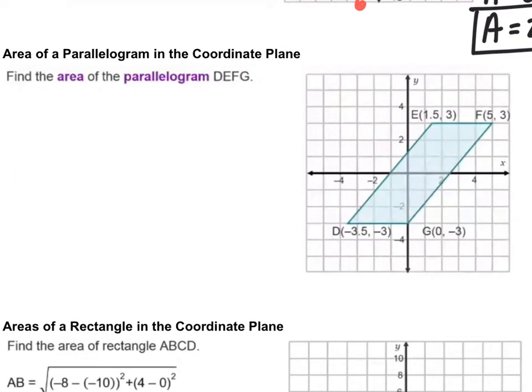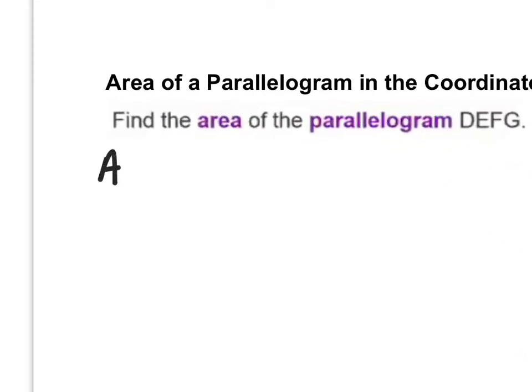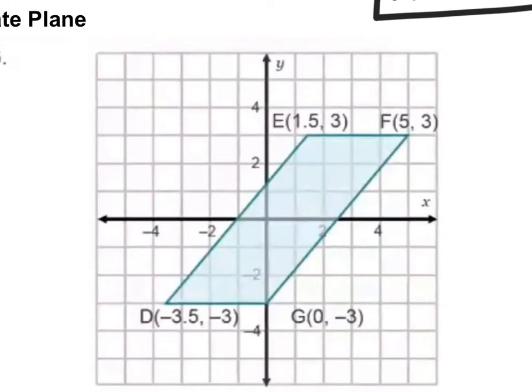And so what I want to do here is think about my formula, which is area is equal to just the base times the height, okay? Base, and then times the height, okay? So I'm going to come over here and label my base.